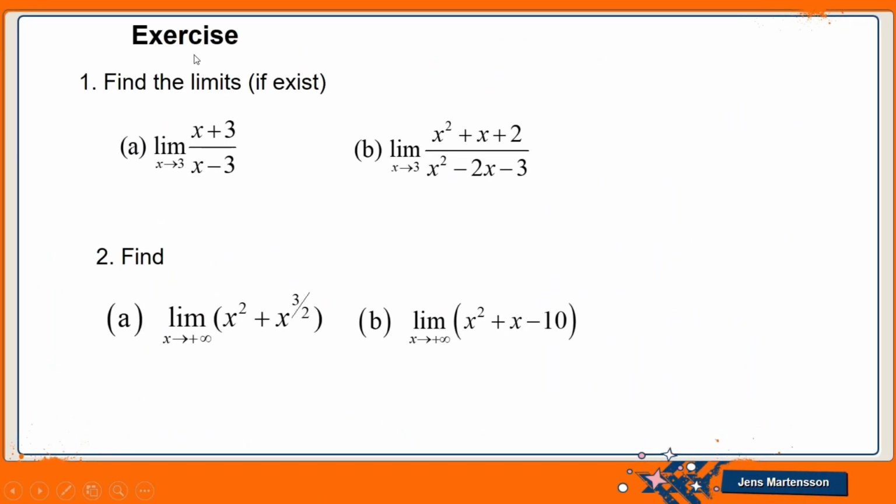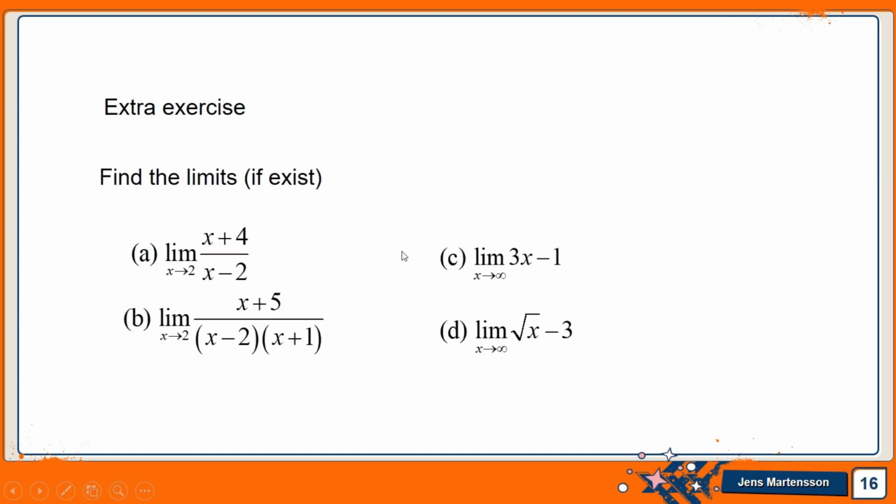Okay, you can do this exercise in your books and answer this extra exercise. Find the limit if it exists. For A, the limit of (x plus 4) over (x minus 2) when x approaches 2.